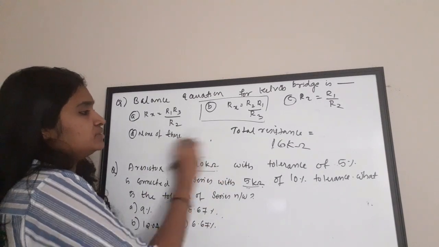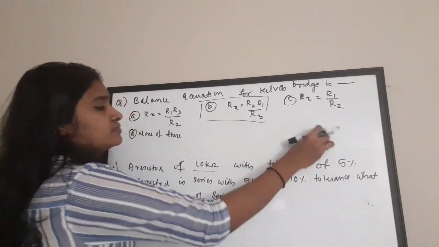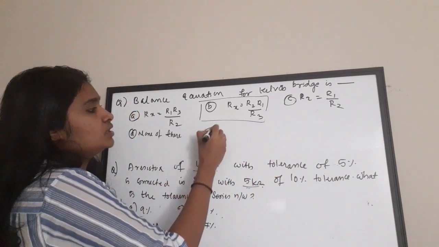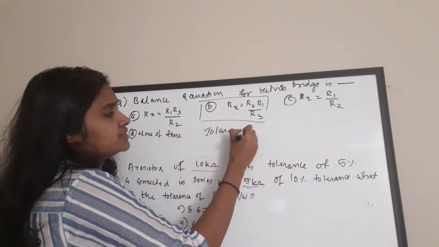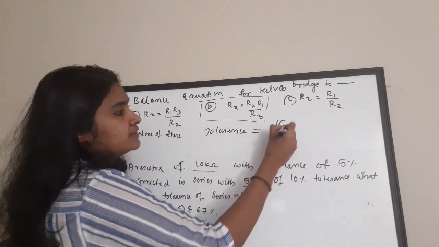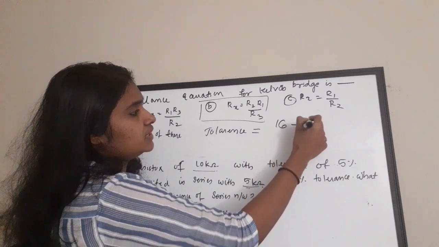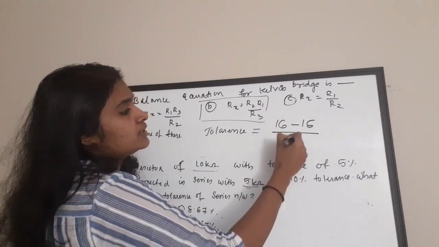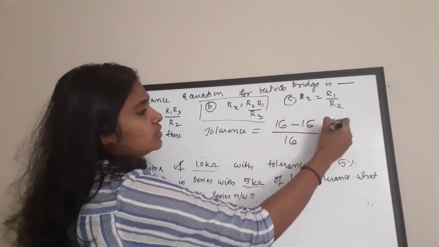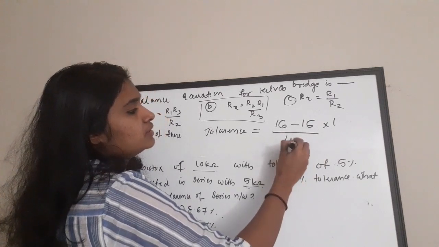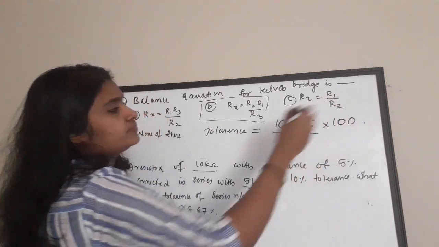I'll write the equation. That is, tolerance is equal to 16, that is a value with tolerance, minus 15 by 15 into 100.